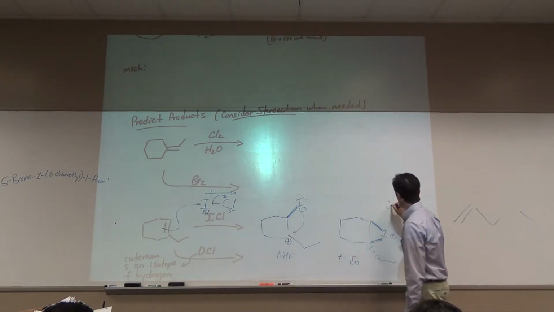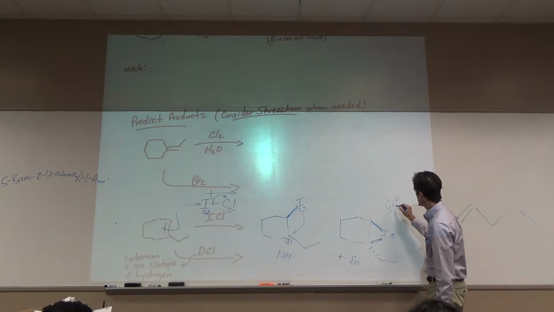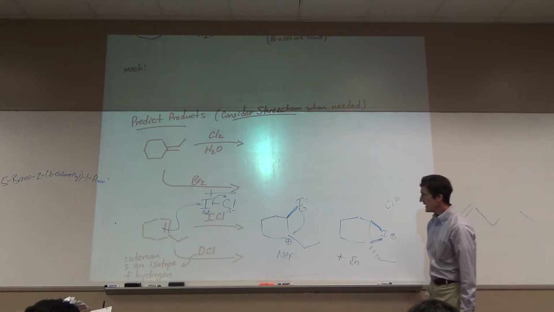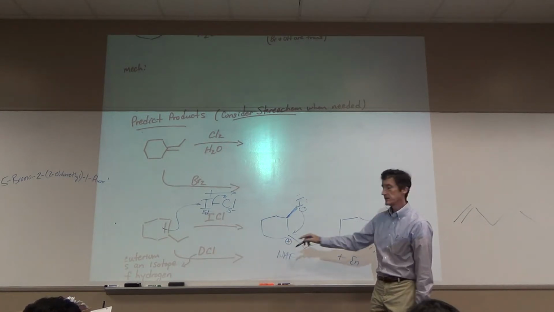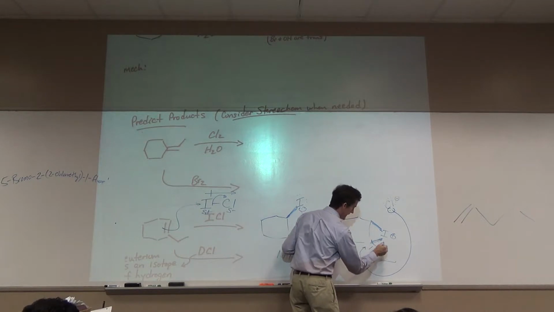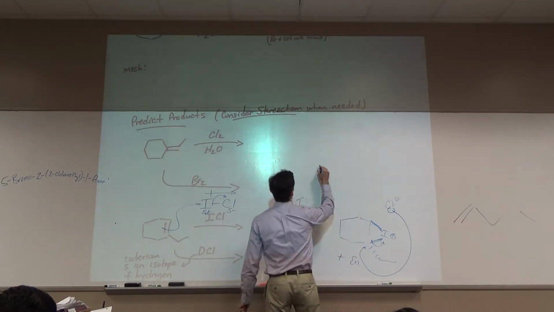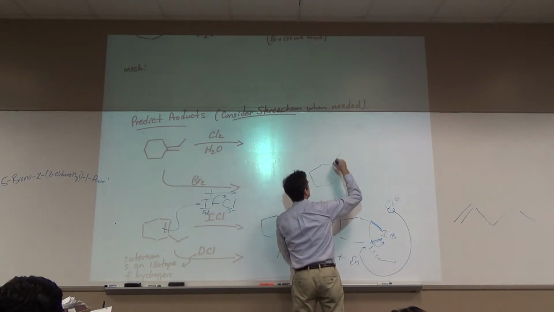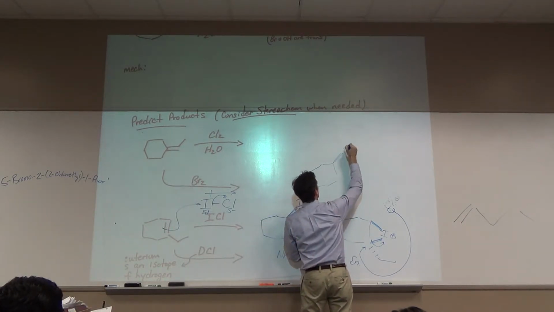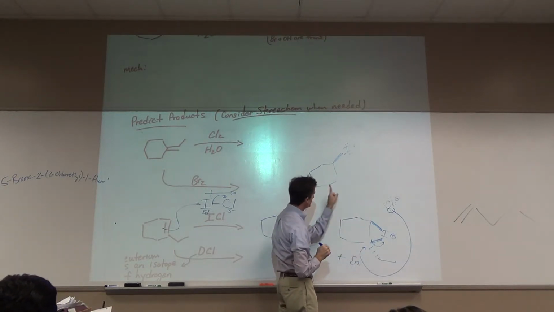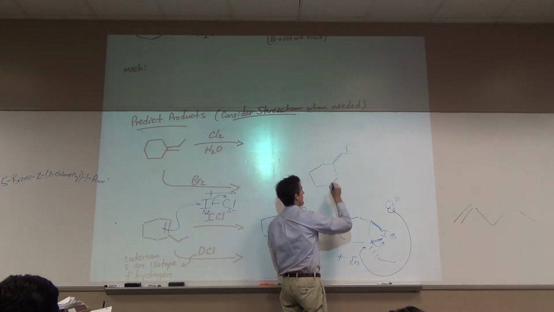Okay, Cl minus comes in. Which carbon is it going to attack, top or bottom? Bottom. It's the same place as the cation would be. Electrons come in here, kick off the iodine. What are we going to get? Iodine just gets kicked off. The new bond to the chlorine is going to be what projection?